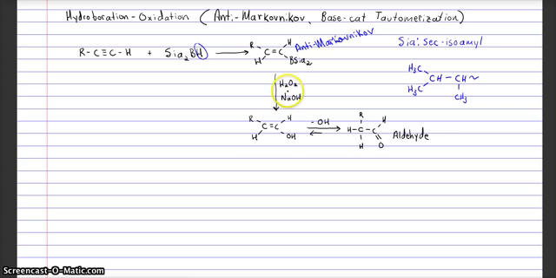In the presence of hydrogen peroxide and sodium hydroxide, we can remove the boron complex and oxidize that to an alcohol. This will go through the base promoted tautomerization to the ketone, and I'll show that mechanism of the tautomerization next.